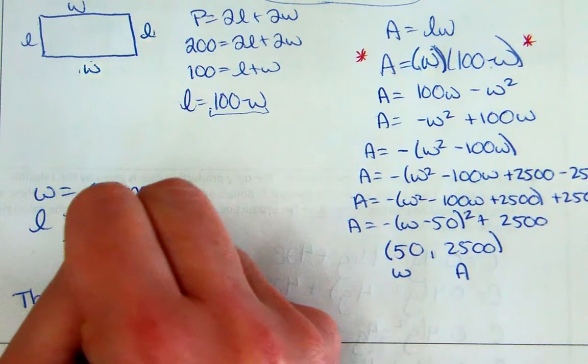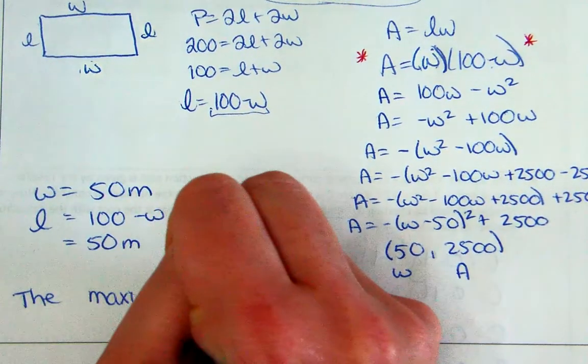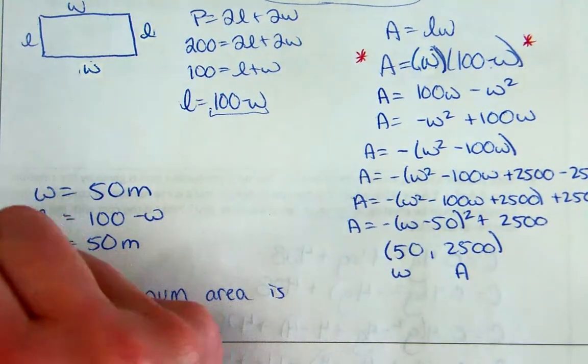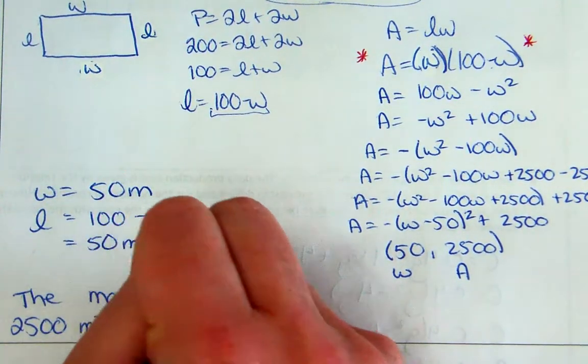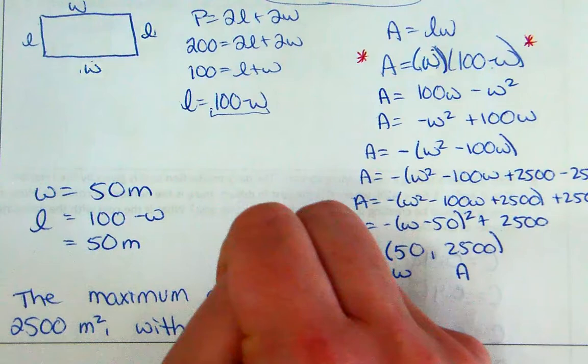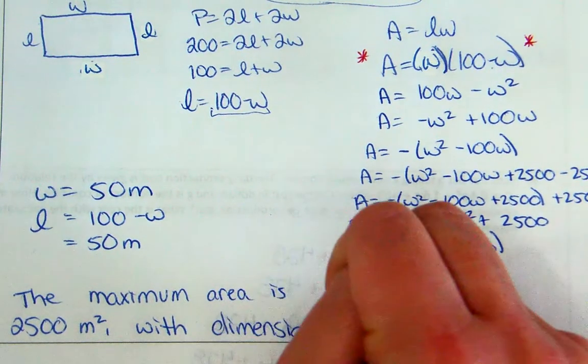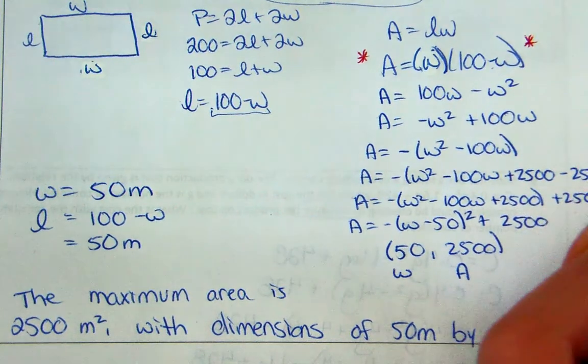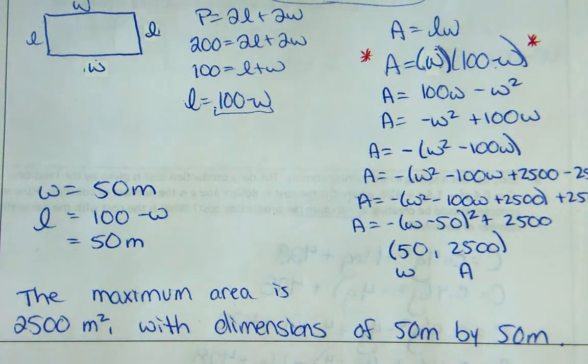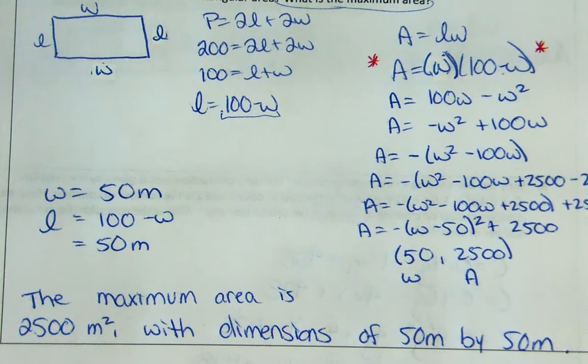So I can say the maximum area is 2,500 meters squared with dimensions of 50 meters by 50 meters. Done. Press pause to finish that up.